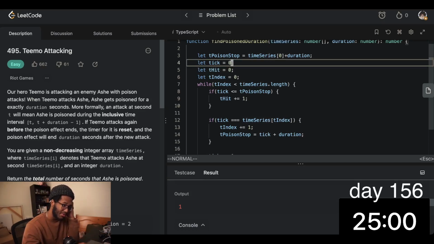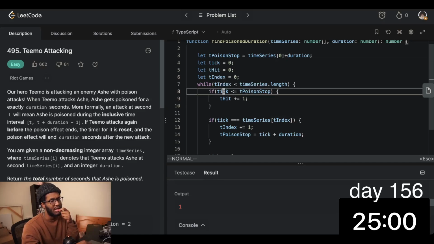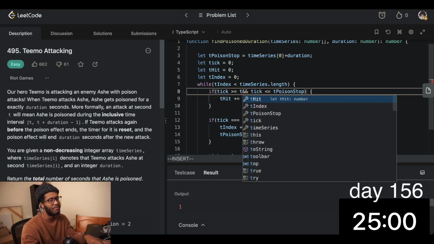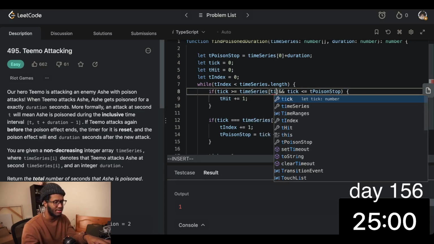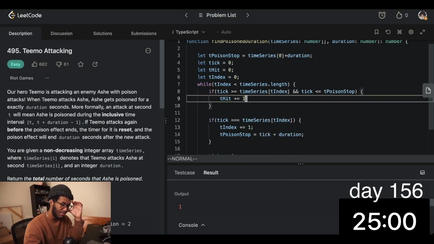Tick will just start at 0. If tick is less than or equal to poison stop and tick is greater than or equal to time series sub T index, then we should do T hit plus 1.